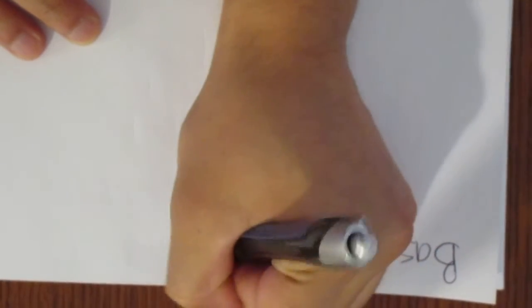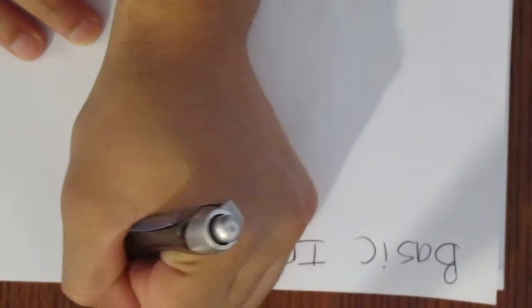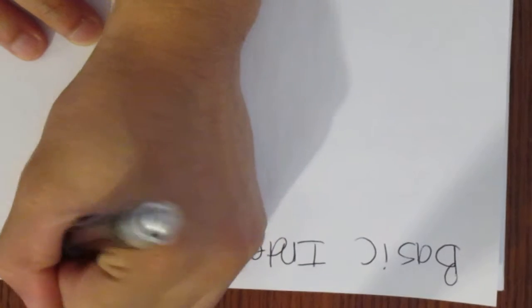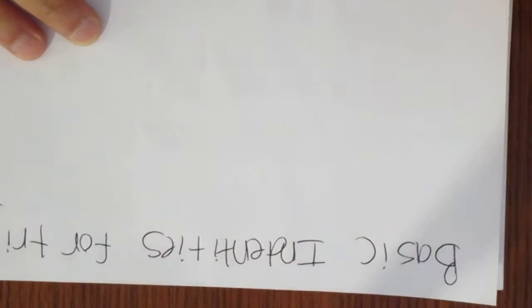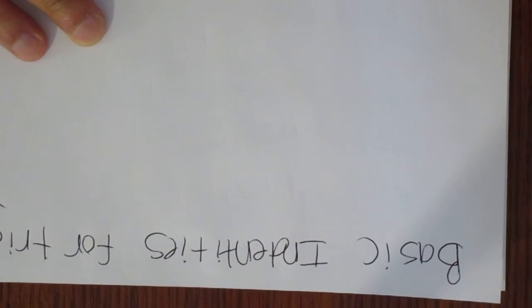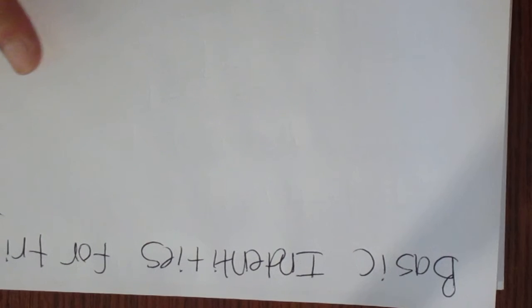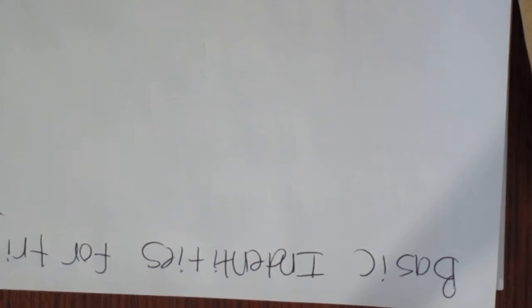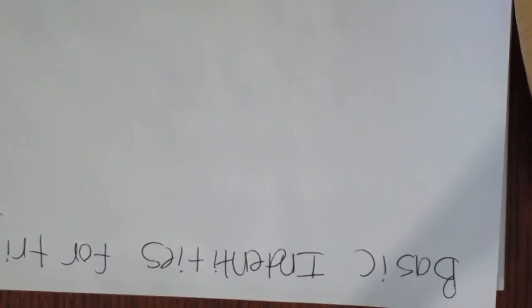The reason we're going to learn this is because eventually you're going to have to graph the sine graph, the secant graph, the cotangent graph, and the tangent graph, and you need to know the basic 6 identities of trig.